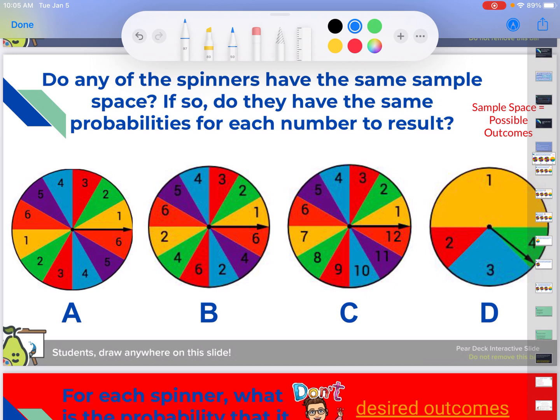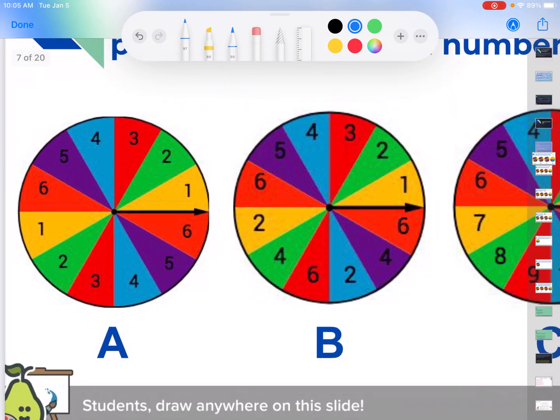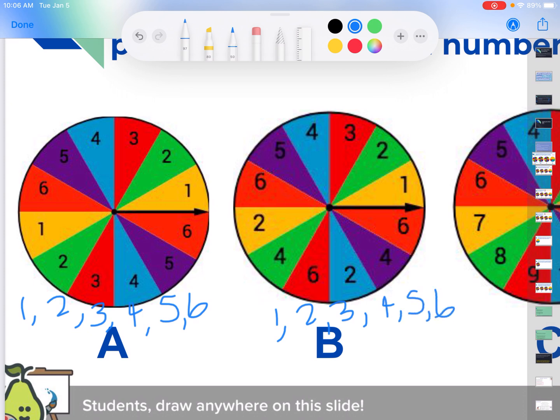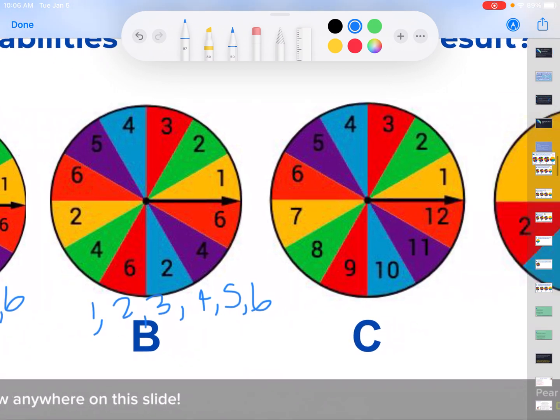A sample space is the possible outcomes. For letter A, I have 1, 2, 3, 4, 5, 6. Those are my possible outcomes. For B, I have 1, 2, 3, 4, 5, 6. I don't have any numbers other than that.